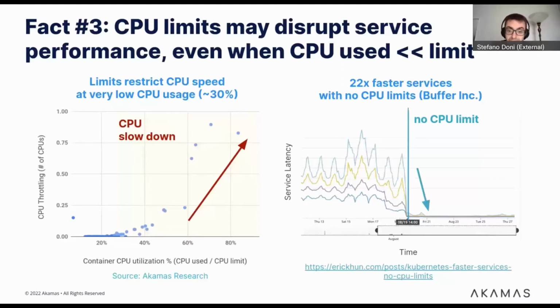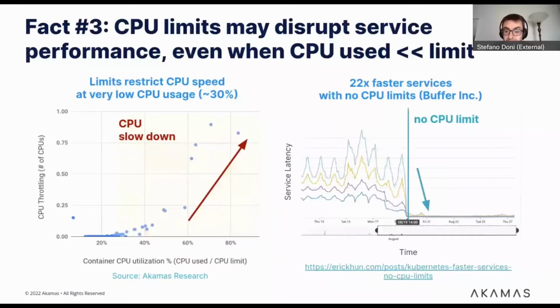Why this is happening is due to the way that CPU throttling is managed at the Linux kernel level. We won't go deep here, but feel free to reach out if you want to know more. On the right, you can see an example where people tried to remove the limits and see what happened to the service latency. That's an example published by Buffer Inc., an internet company that runs their services on Kubernetes.